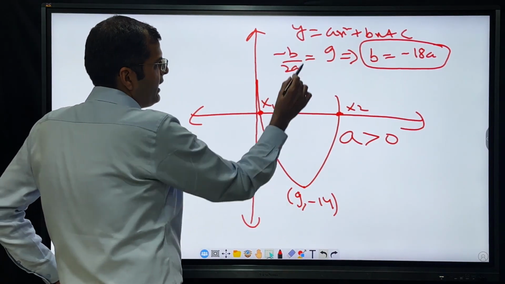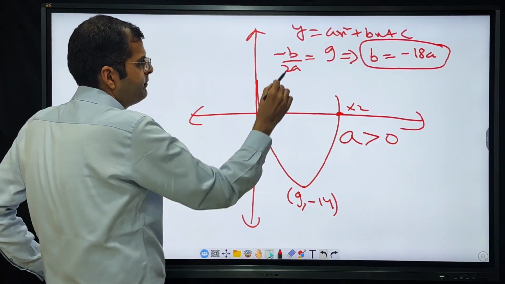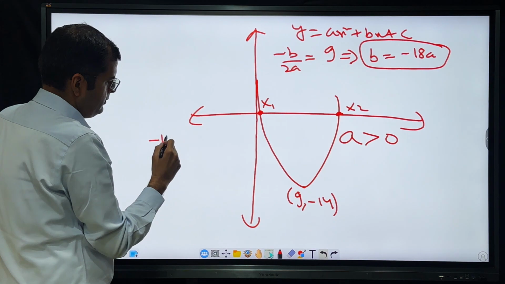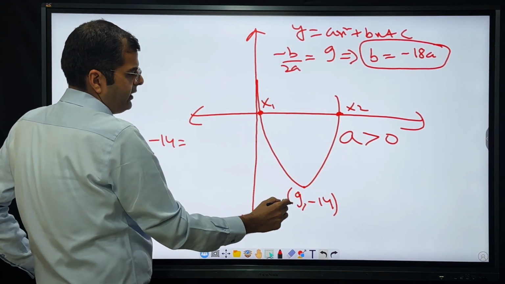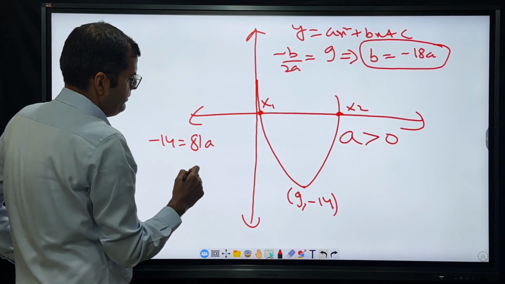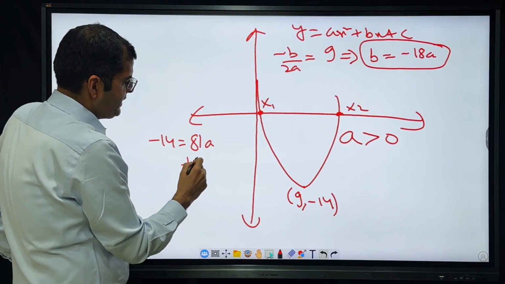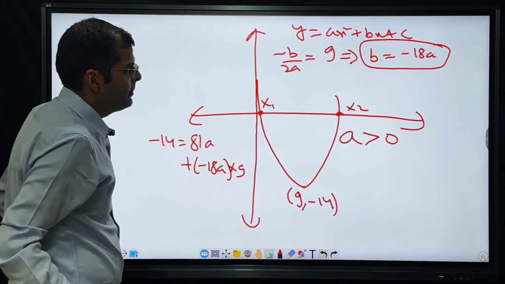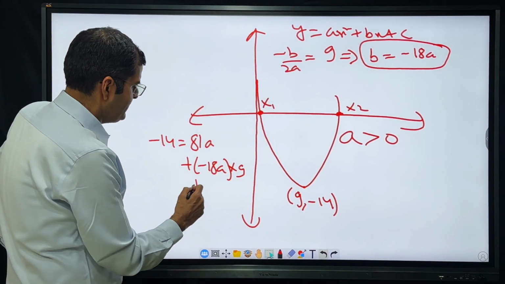Also, if I put 9 and minus 14 in this, it should satisfy the equation of the parabola. So if I put y as minus 14, minus 14 is equal to a into 9 square, which is 81a, plus b, which I've already concluded is minus 18a, into 9, that is x is 9, plus c.